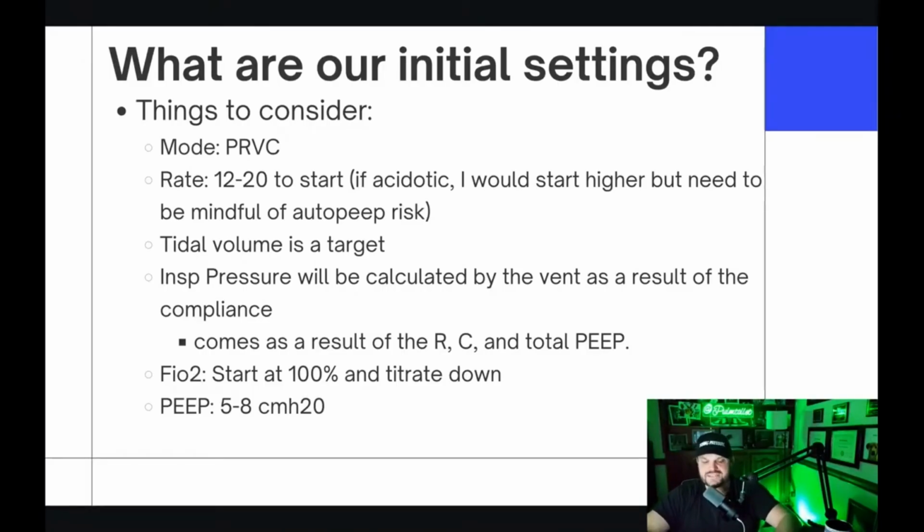What I'm trying to say is that if you have PRVC, volume control with a square waveform, and volume control with a decelerating waveform, your peak airway pressure with PRVC and volume control decelerating waveform is almost the same if all your mechanics are the same, because the math works out. Because in both of those situations, theoretically, your flow goes to zero. So just mathematically, your peak airway pressure is going to be almost the same.